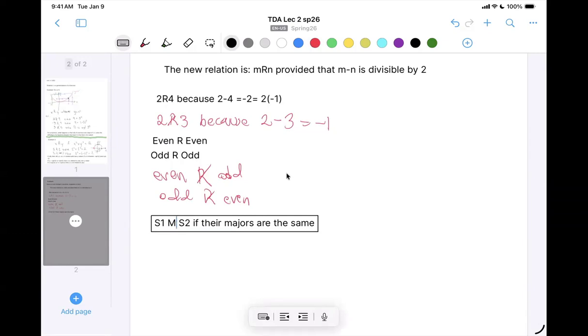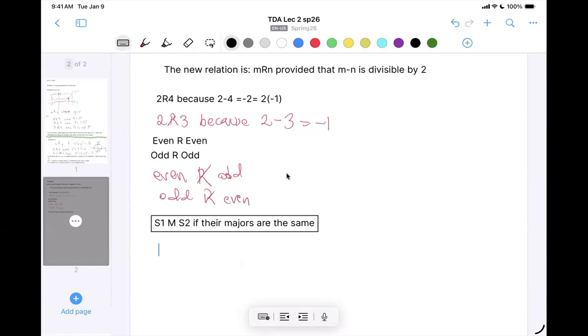And now let me give another example of a relation, which I'll call F for friendship. So two students are F-related if they are friends with one another.